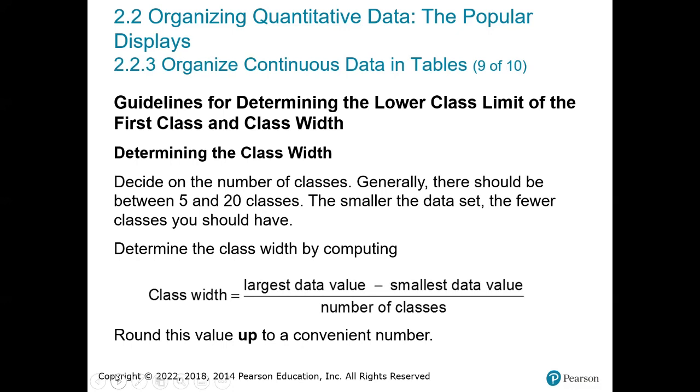Or, like I said, you just make it nice round values. Go 5s, 10s, 20s, 25s. There is no set way to do it. And I will show you guys how to do all of this within StatCrunch in just a second.